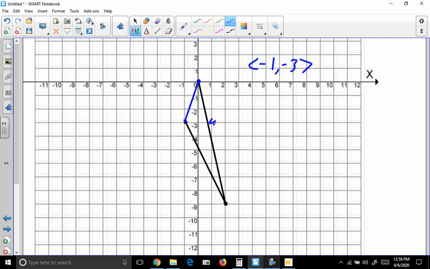If we go the path u first, and then from the end of there go the path v, our result is equivalent to going from where we started to where we ended. So that would be our resultant, u plus v. Now addition is commutative, so if we would have done v and then u, we would have ended up with the same vector.